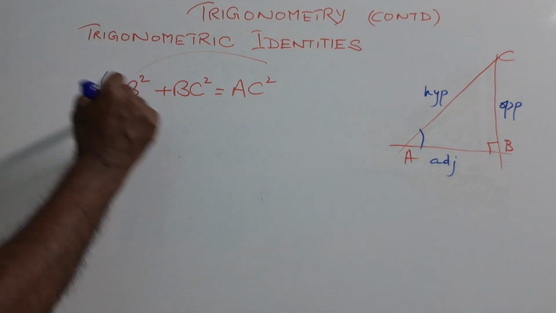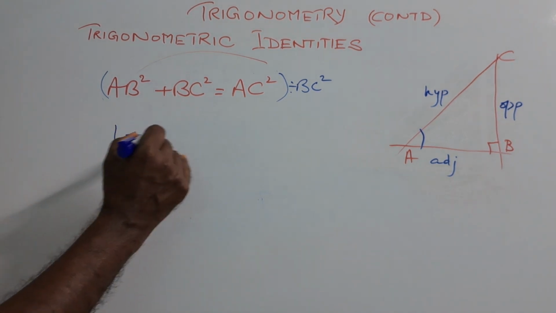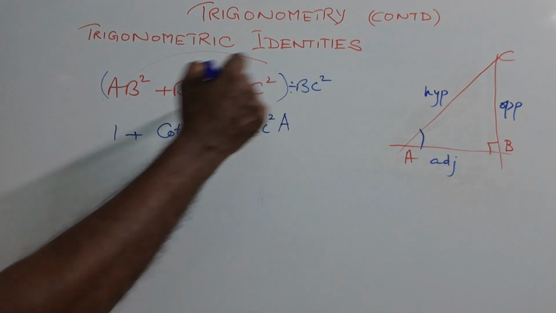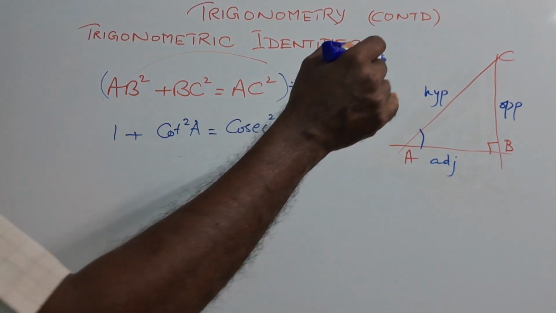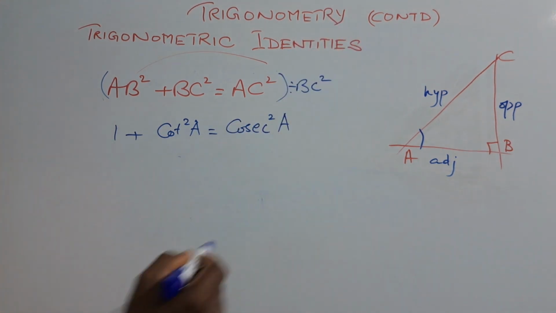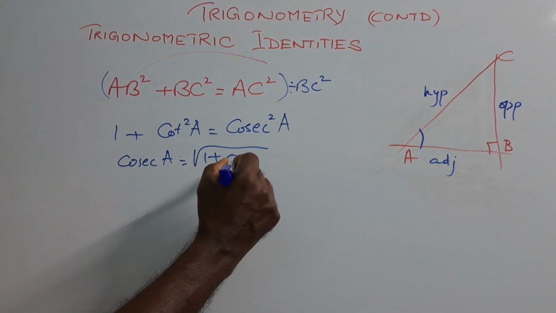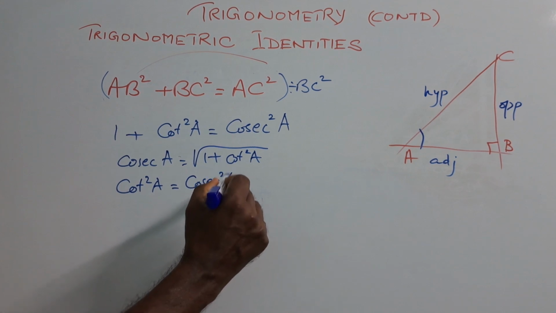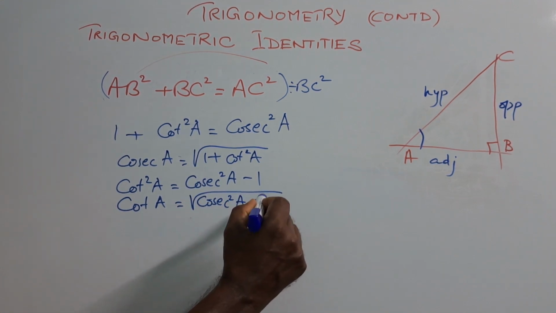And if you divide the equation by BC square, you get 1 plus cot square A is equal to cosec square A. BC square by BC square is 1, AB square by BC square, adjacent by opposite, cot, hypotenuse by opposite, cosec. 1 plus cot square A equals cosec square A. That is, cosec A is equal to root of 1 plus cot square A. Cot square A is equal to cosec square A minus 1, and cot A is equal to root of cosec square A minus 1.